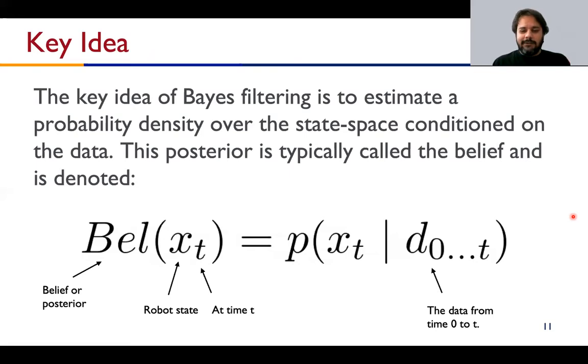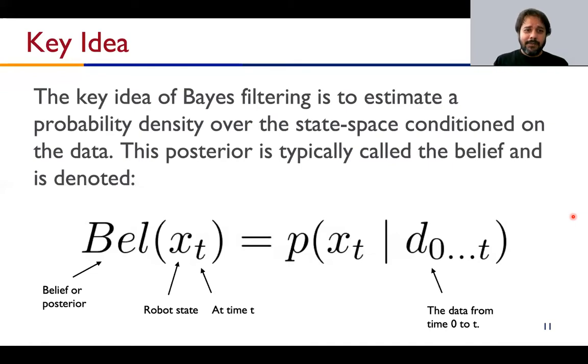The key idea, if you don't recall, in Bayes' theorem is that you want to update what is called the posterior, and posterior is sometimes called belief. So you want to update the posterior of the thing that you're trying to estimate by merging together your previous belief about the same thing and adding new information that is provided by your sensor measurements, right?